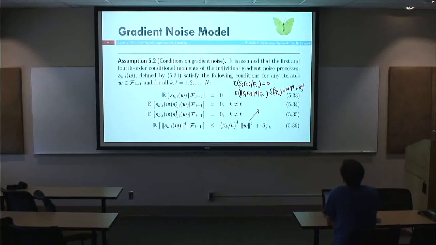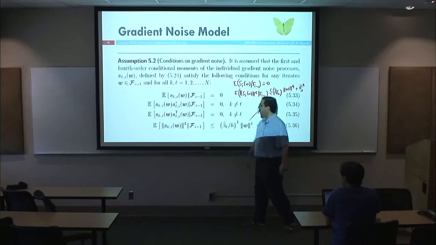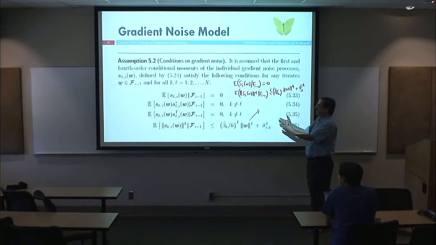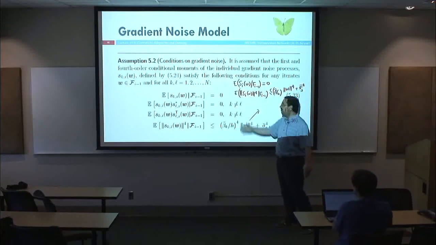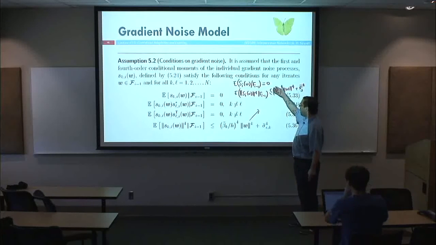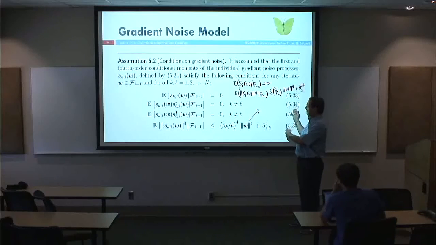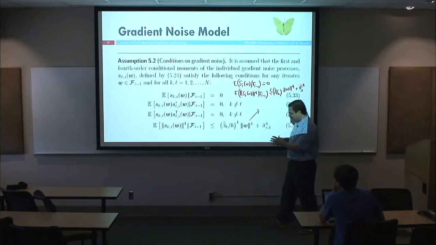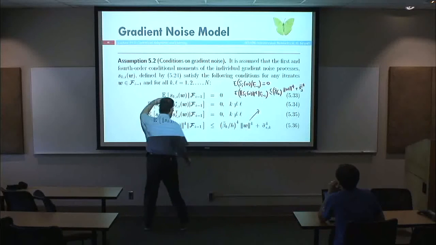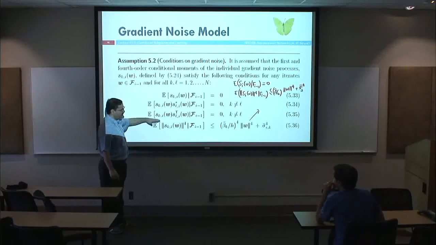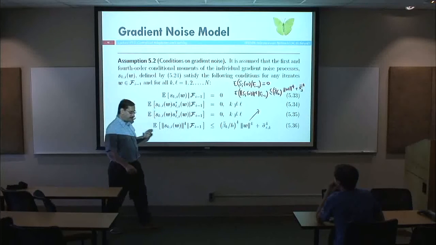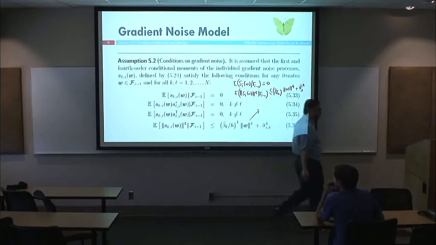You can do away with these conditions and simply, because it's a stochastic gradient algorithm with this gradient noise, if you just introduce the conditions at this level, you'll be able to complete the argument. But here, I would like to introduce the conditions at the individual level because this will facilitate comparison with the non-cooperative case, okay?